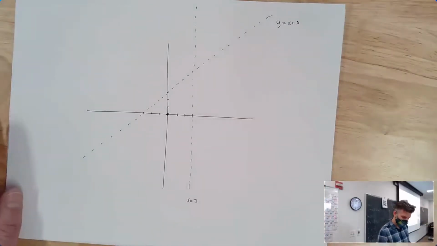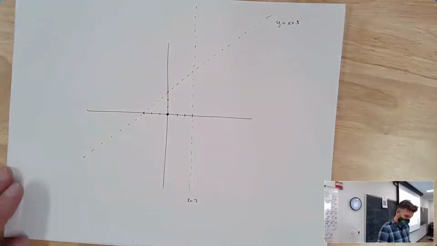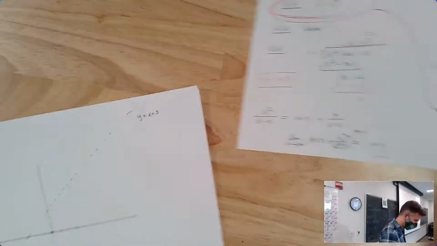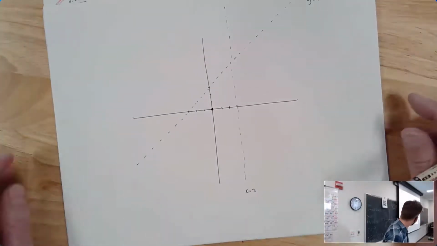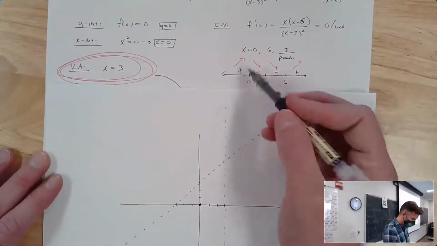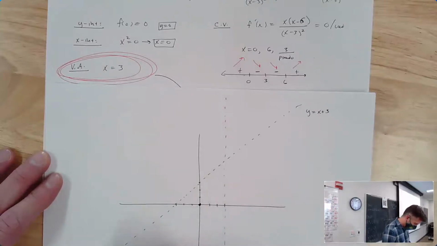Oh, then I've got the critical point 6, 12, which I will label once I've drawn the thing, and also 0, 0. So if I look back here, sorry, one sec. My function is increasing before I get to 0, 0, decreasing after. Just to look like this.